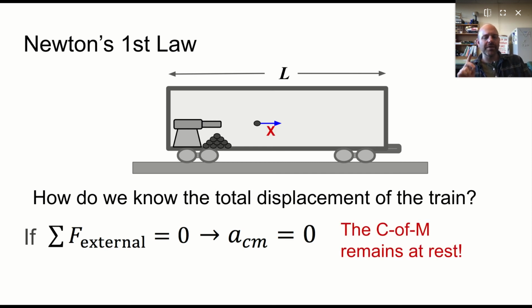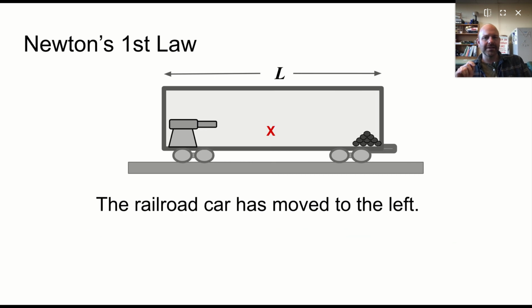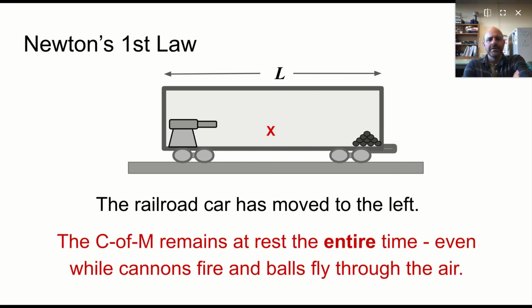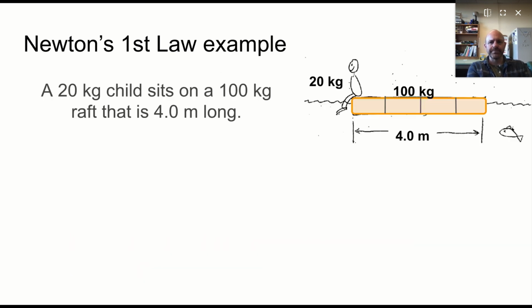That means we know that the center of mass stays in the same place. And if all of the cannonballs move to the far side, then the center of mass is in the same place. But since the mass has been redistributed, the whole thing has to be moved. Even while the cannons fire and the balls fly through the air, the center of mass must stay in the same place because there's no net external force.